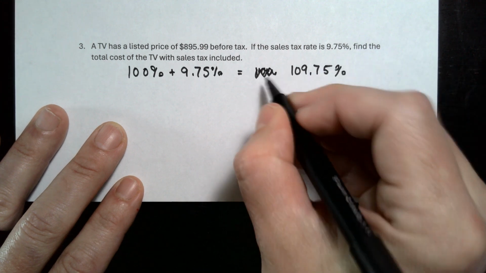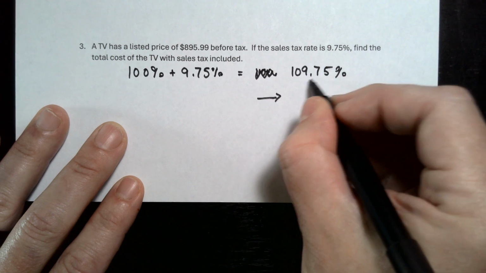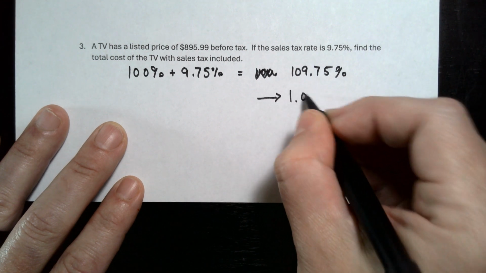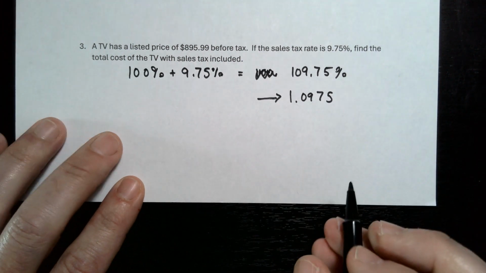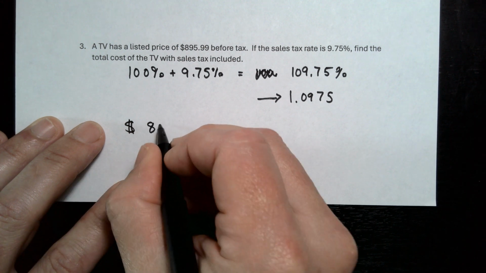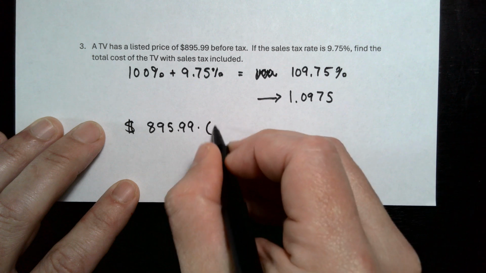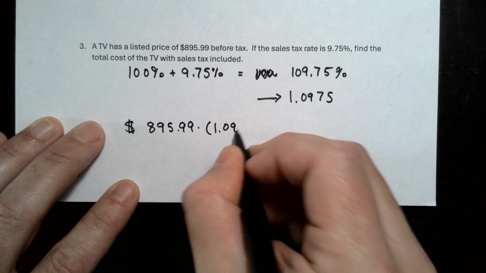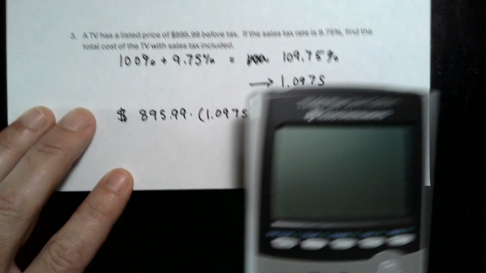If I write that as a decimal, I move the decimal twice, so it would be 1.0975. This is the number I'm going to multiply the original by: $895.99 times 1.0975.